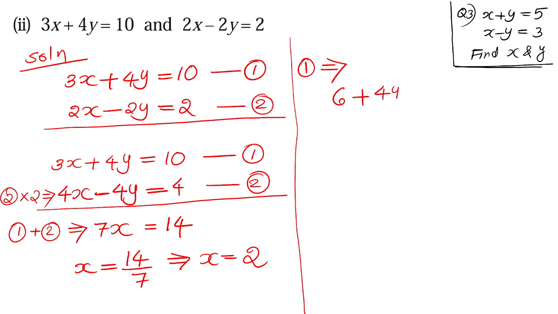Rearranging, 4y equal to 10 minus 6, so y equal to 1. So the value of x is 2 and the value of y is 1.